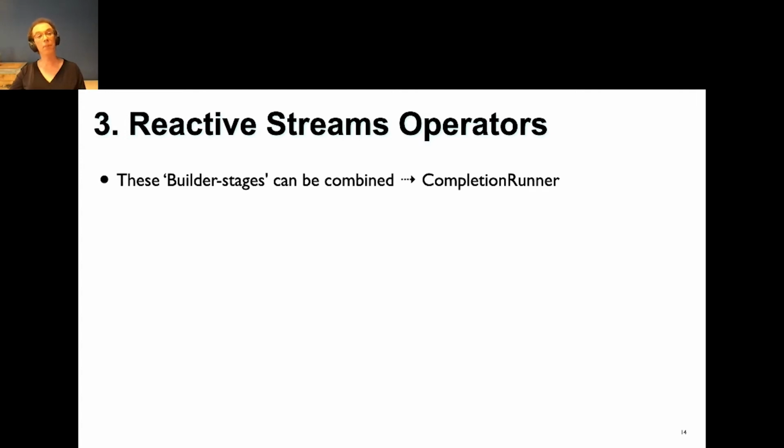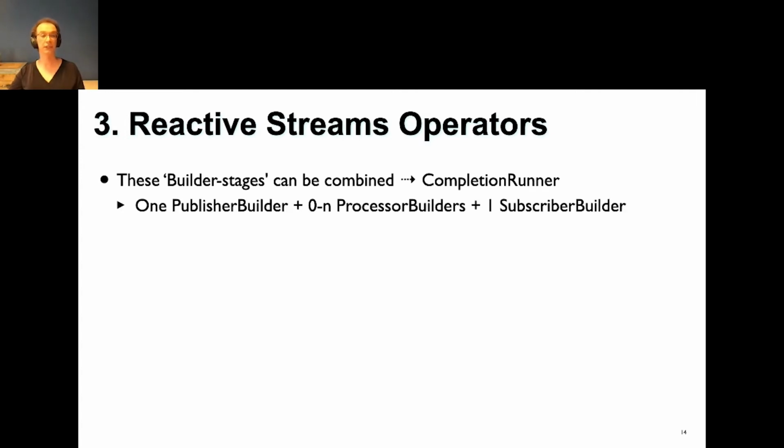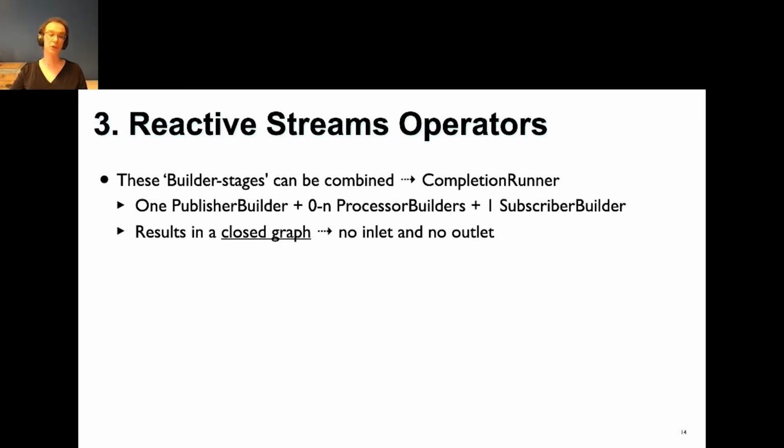And you can also combine these building stages into a completion runner. So you can combine 1 publisher builder with 0 or more processor builders and 1 subscriber builder. And this results in a closed graph. So you have no inlet and no outlet anymore, because the publisher builder started from nothing and created a flow of messages, and the subscriber builder eventually consumes all the messages.